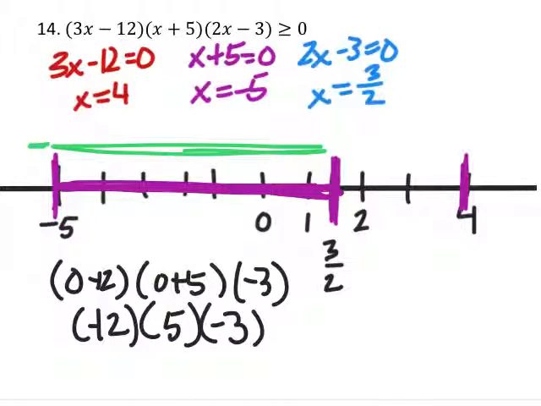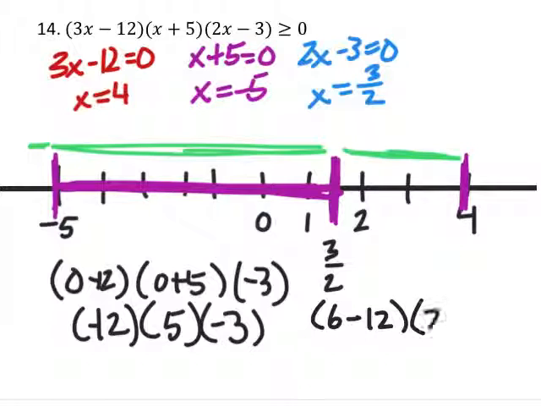Let's try the next set, somewhere between 3/2 and 4, like 2. So I'm going to use 2 in the equation. We've got 3 times 2 is 6 minus 12. And then we've got 2 plus 5. And 2x, 2 times 2 is 4 minus 3.